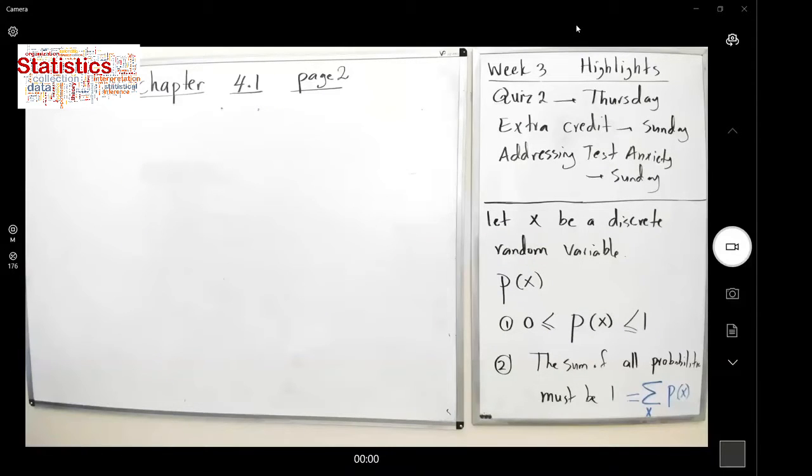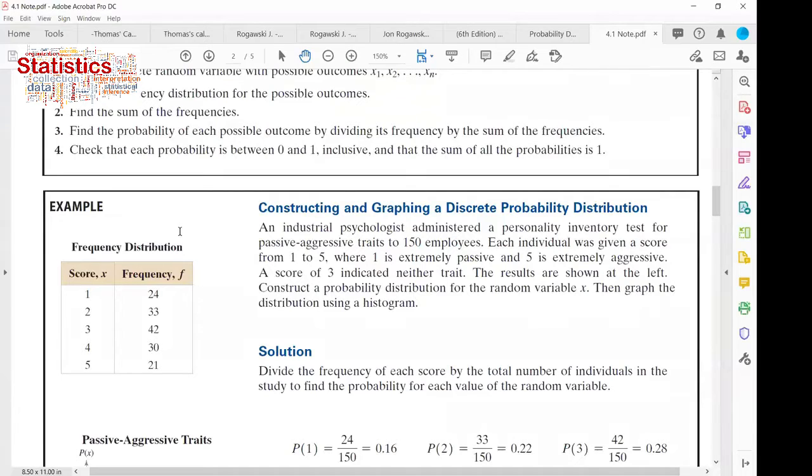Okay, let us take a look at this example in our note. Constructing and graphing a discrete probability distribution. Very well, an industrial psychologist administered a personality inventory test for passive-aggressive traits for 150 employees.